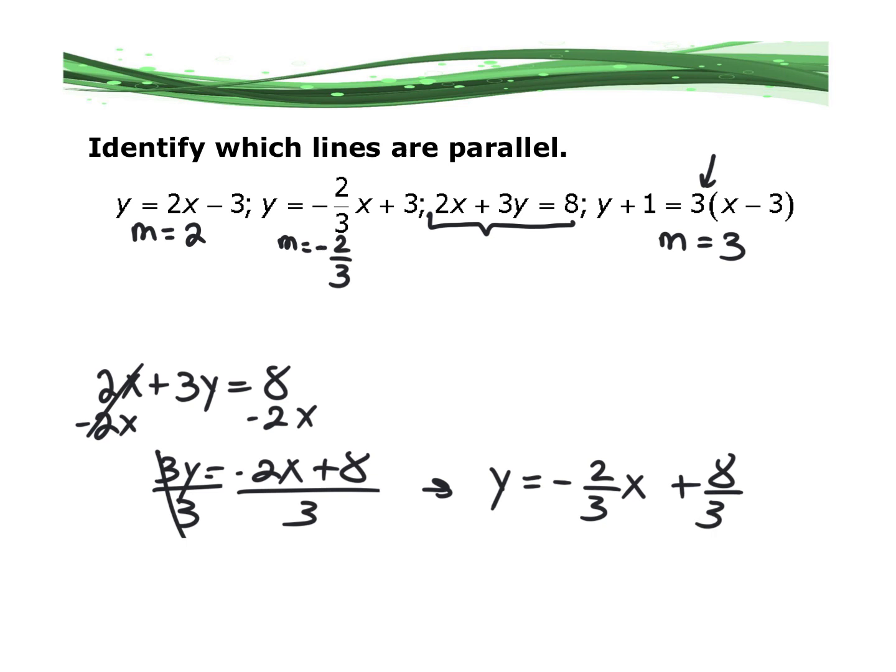Now, like I said again, I don't really care about the y-intercept when it comes to finding whether the lines are parallel or not, as long as they're different. So we have this slope of negative 2 over 3. Now just looking at that, I can tell that negative 2 over 3 and negative 2 over 3 are the same. So these two lines are parallel.